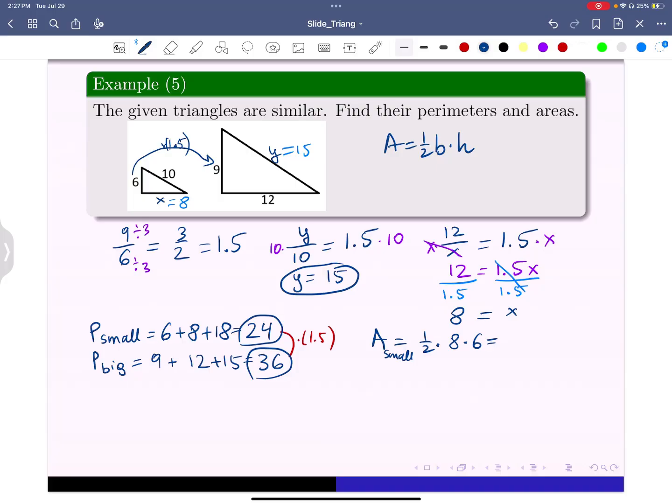So this should give us exactly 24, and area big is 1/2, base is 12 times height is 9, so this is equal to 54, and this should give us, if you multiply times 1.5 squared, that should be the case.